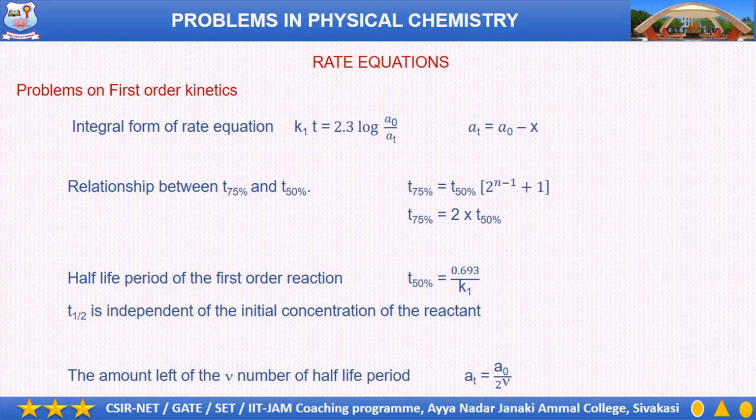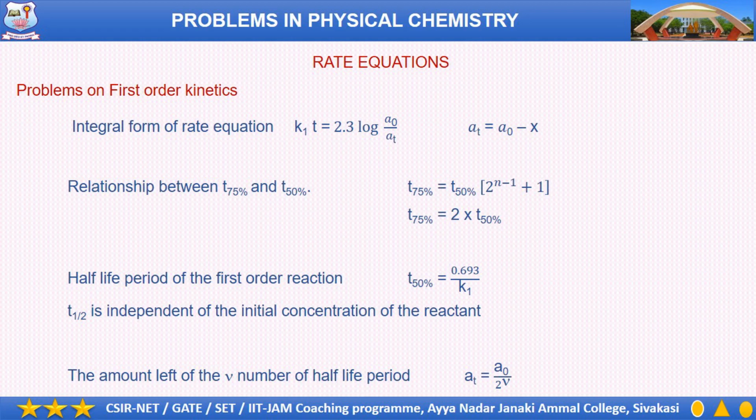This is another type of it. Therefore, if T50% is given, T75% can be calculated, or if T75% is given, T50% can be calculated using only these. And there is no variation in the T half value as the concentration changes, therefore no problem would be possible in that one. Here, which type of problems can be asked?